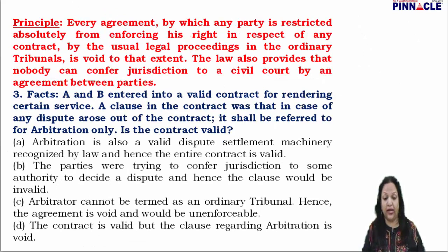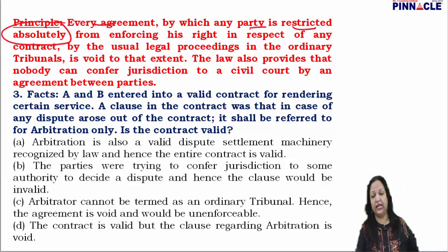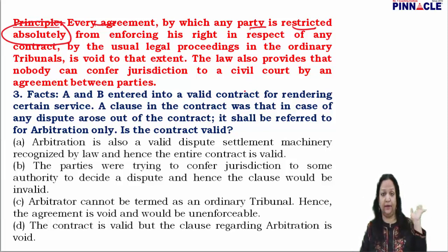Next one, third one. I hope you are being able to understand and think logically. Here it says every agreement by which any party is restricted absolutely. Okay, there are two terms. One is absolutely. Absolutely means completely, and the other is partially. Partially means only up to a certain level.